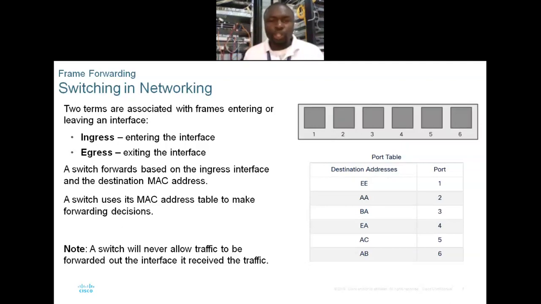The switch does this forwarding based on source and destination MAC address. Now, in CCNA 1, I'm sure you were also taught about the frame header. A frame has a header and a trailer. There is some information that we probably need to know, which I know we already know. Fundamentally, the frame header has the source MAC address and the destination MAC address.